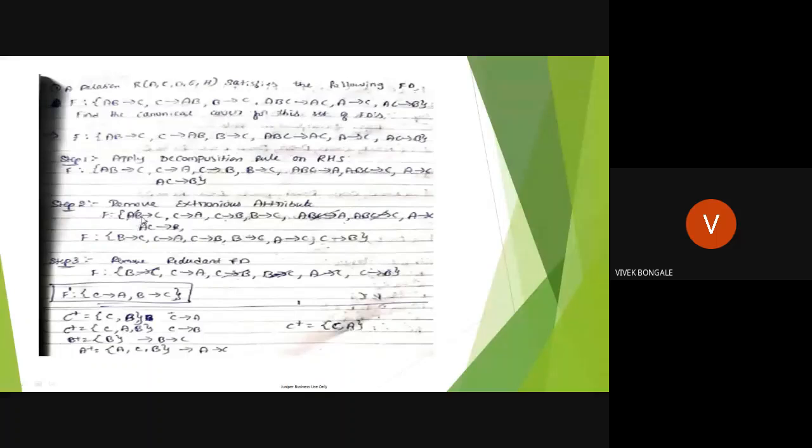Then I will take this one. See here, AB determines C. We have considered B determines C. So I have removed A because with the help of B I can determine C. I don't need the A attribute, so I remove it. But I have one more functionality, A determines C. If you consider this one, we have to discard B, not A. Now the result will be different.